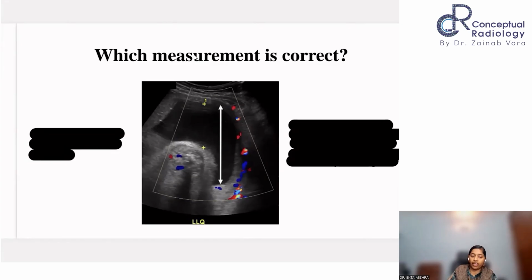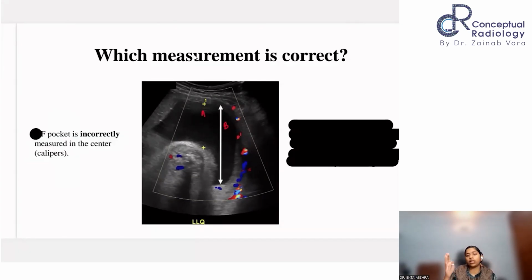Very good. This one is A and this one is B. So are we reporting A or B in our report? B. Absolutely right.